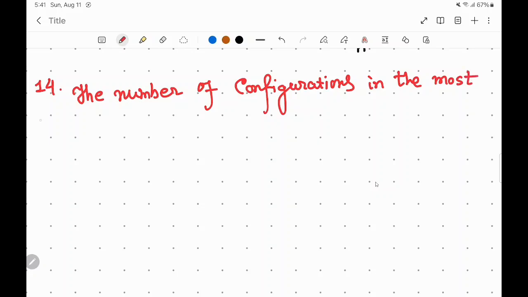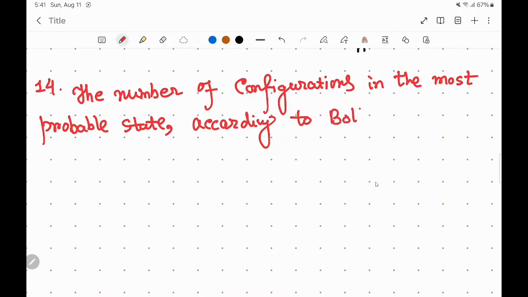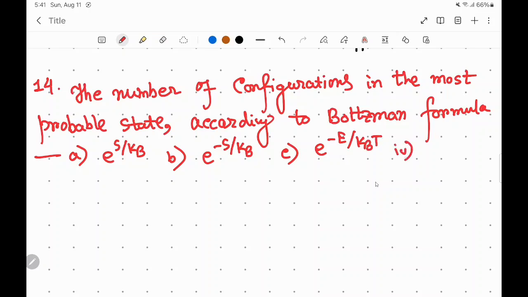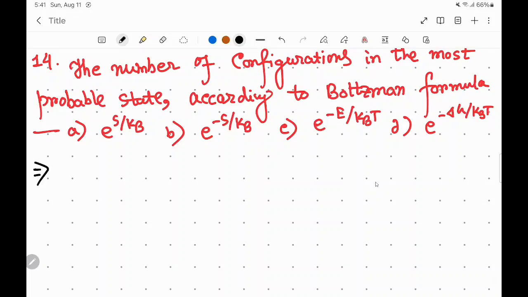Options are given. What will be the answer? C. C, how?